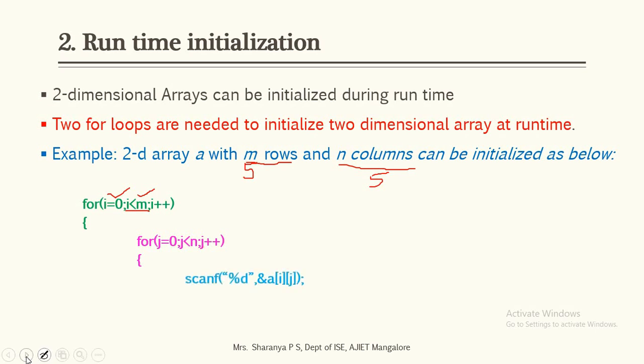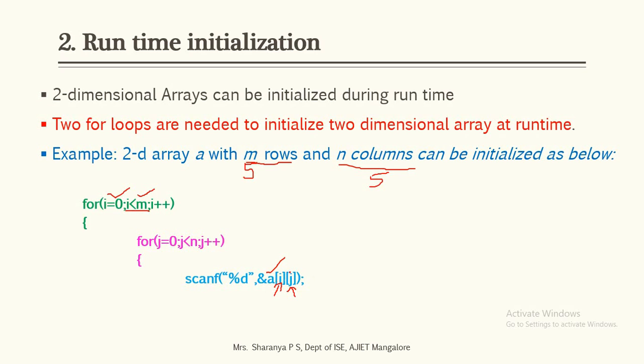And what is the major thing we have to write inside this for loop? That is, we want to read the elements into the matrix or the array. Here, what is the array we are referring? That is A, and we are mentioning this i and j. What do this i and j refer to? That is the index values of A. For the first time when this loop is executing, this i value will be 0 and j value will be 0.